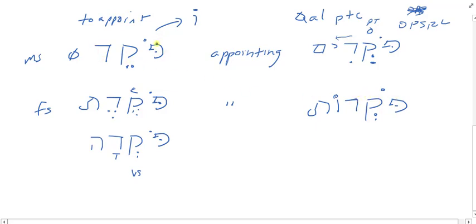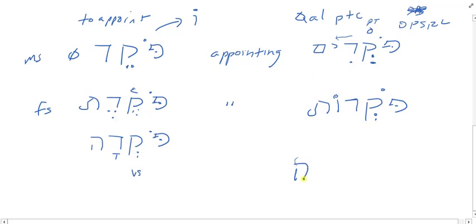Now, I've given you the vowel pointing. All you have to do is switch out the consonants for other consonants to say other verbal forms, right? So if I wanted to say something like halakh, to walk, if I wanted to say walking, the walking man, it would not be pokad, but what? Holekh.